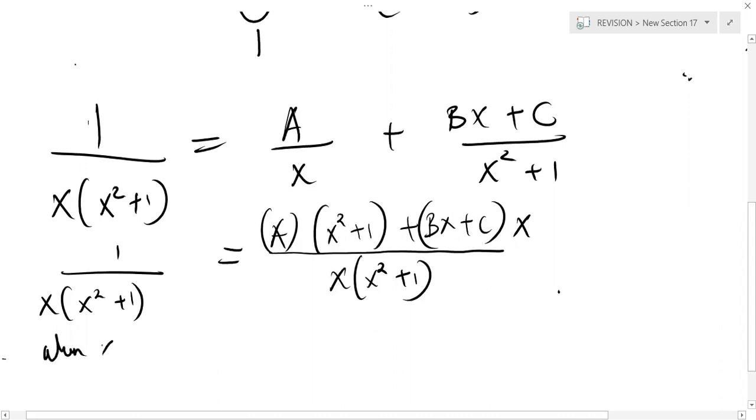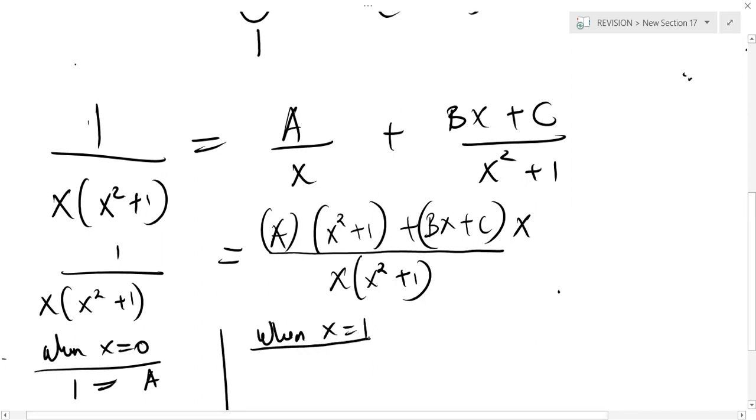So I'm going to take x equal to, let's say, 0. In the numerator, I have 1 there. When x is 0, I'll have A there, and the other term will be 0. So that gives me A is equal to 1. When x is equal to, let's say, 1, we have 1 here.